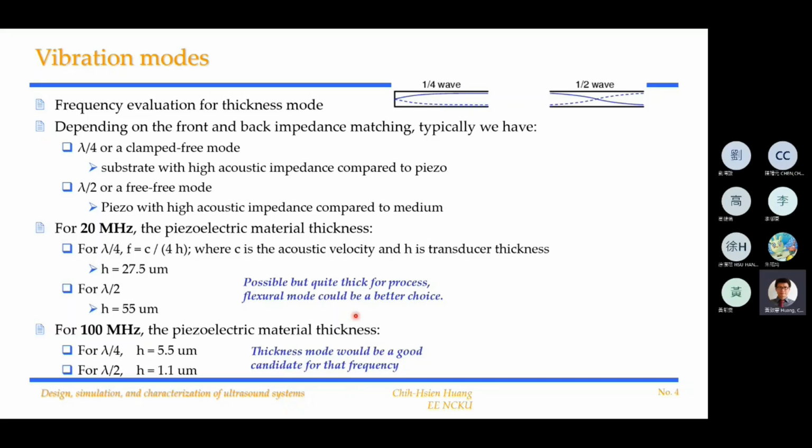But if we want higher frequencies, like 100 megahertz, then the thickness for quarter wave will be 5.5 micrometers, and for half wave 1.1. So that should be possible to reach, and this will be an option in higher frequency applications.